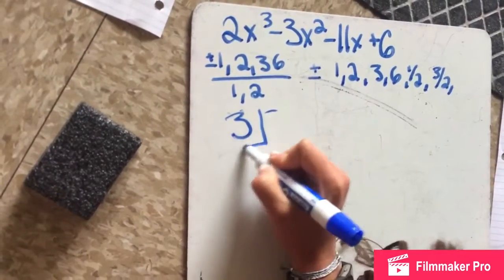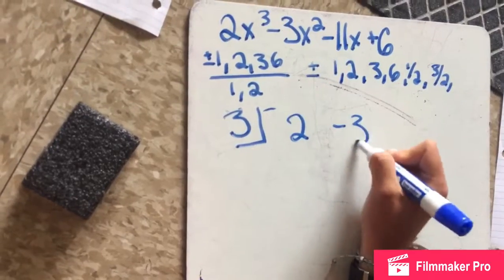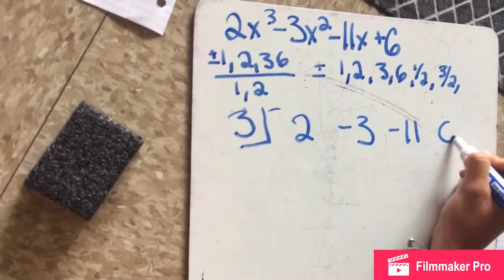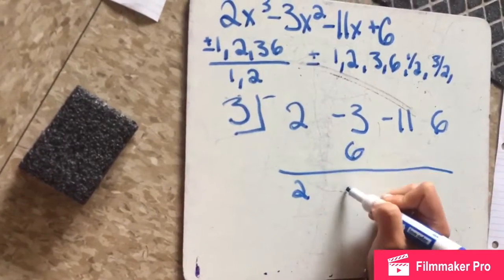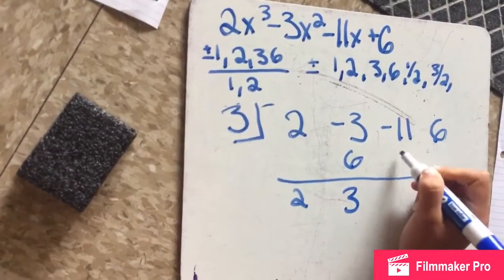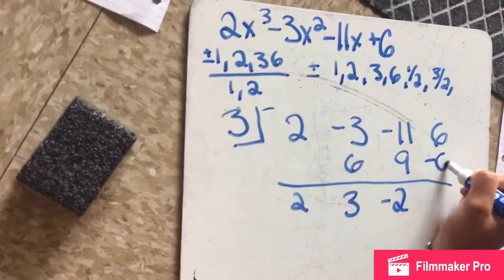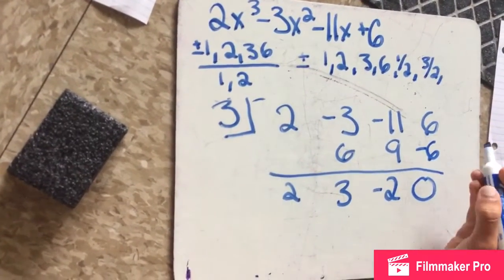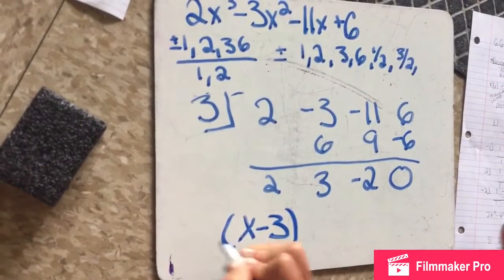Let's try 3. Oh, and we got a remainder of 0. So now we know x minus 3 is one of the factors.